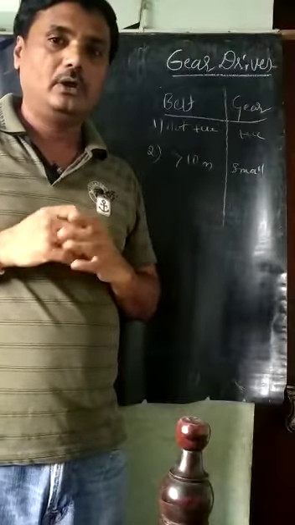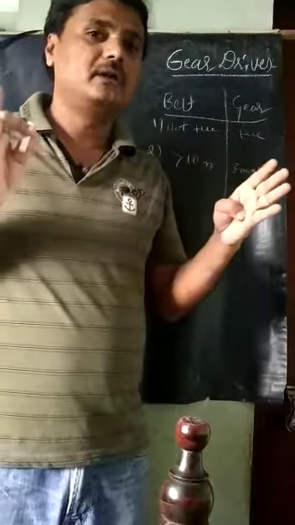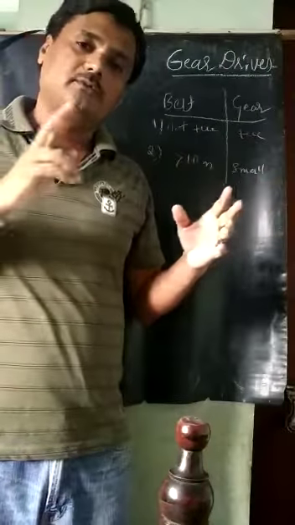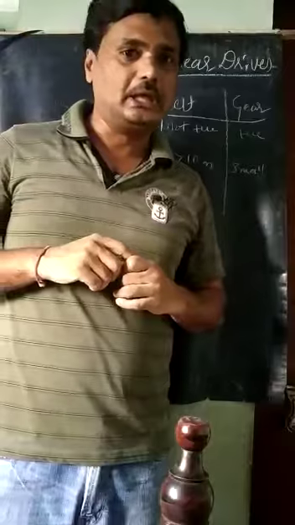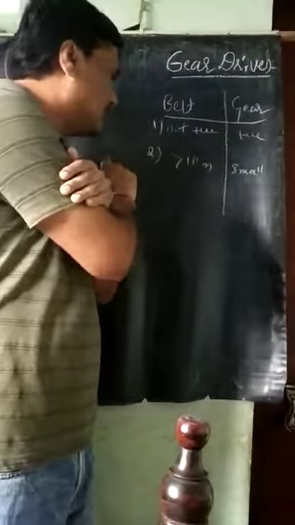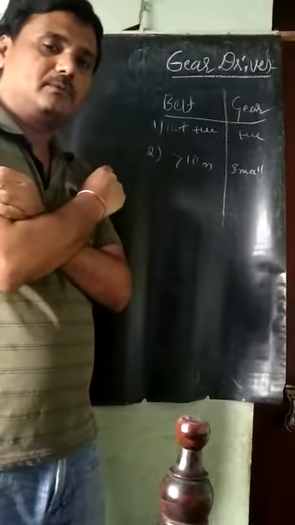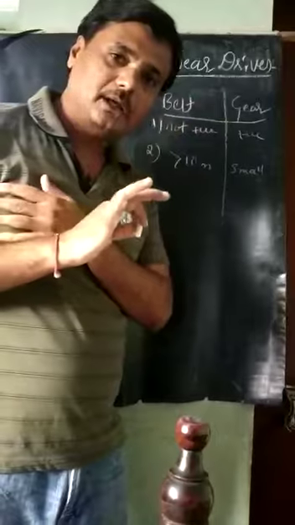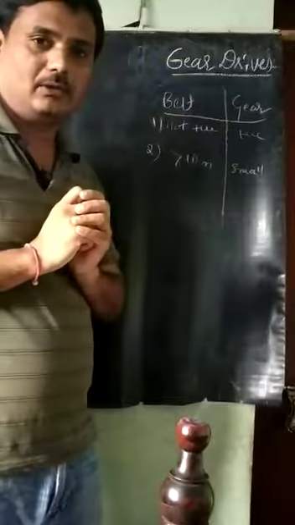Many intermediate gears have to be used to transmit when the distance is more, so the cost of transmission increases. So when the distance is more, the belt is more suitable, and the gear drive is less suitable.